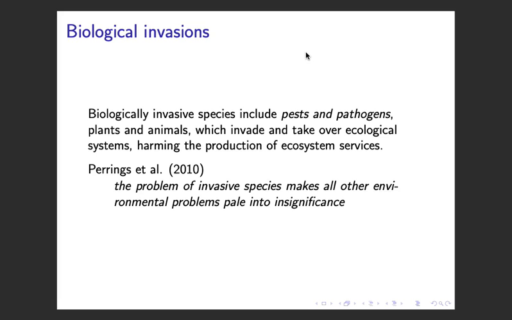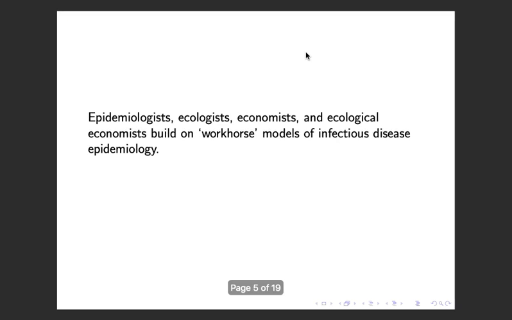Charles Perrings is a prominent ecological economist who has studied infectious diseases and biological invasions. Epidemiologists, ecologists, economists, and ecological economists build on workhorse models of infectious disease epidemiology.